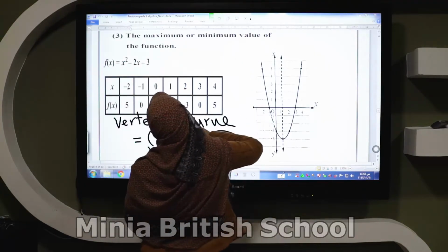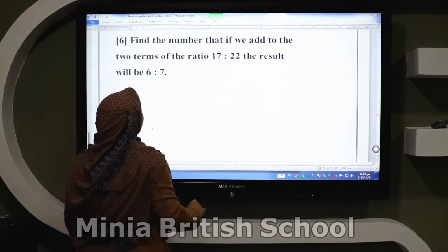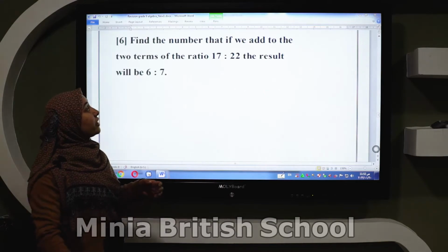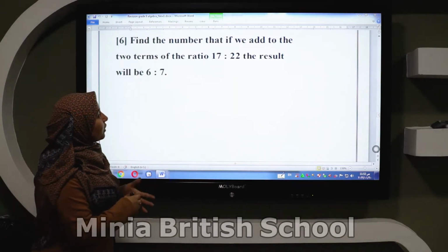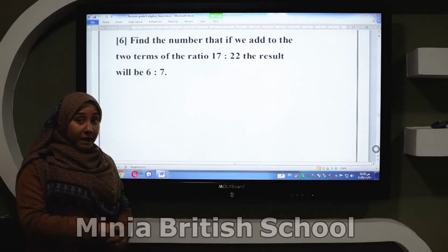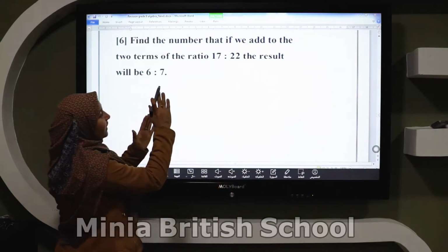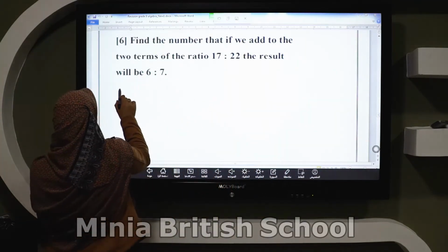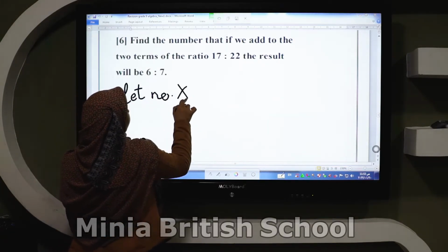Okay? Next question, number 6. Find the number that, if we add it to the two terms of the ratio 17 to 22, the result will be 6 to 7. I need to find the number. Let the number be x.